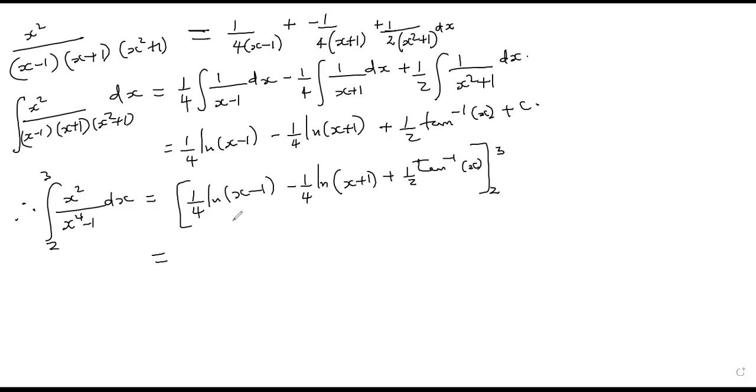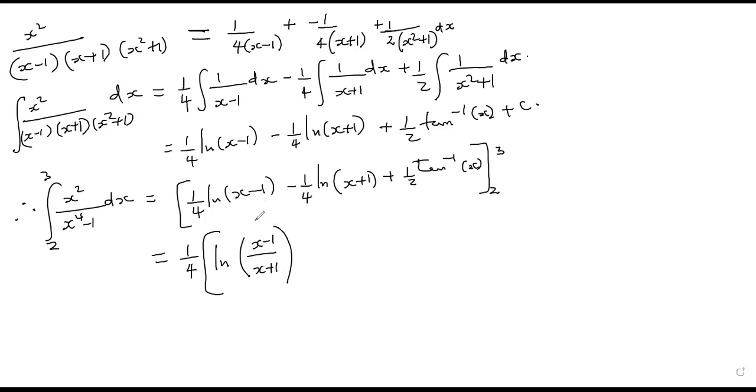I can move out a quarter, regardless of it not being here, but I can move it as a quarter into ln, then it will be x minus 1 over x plus 1.